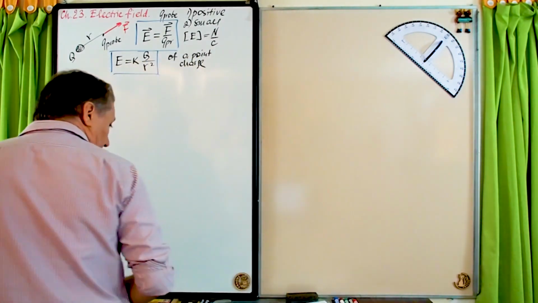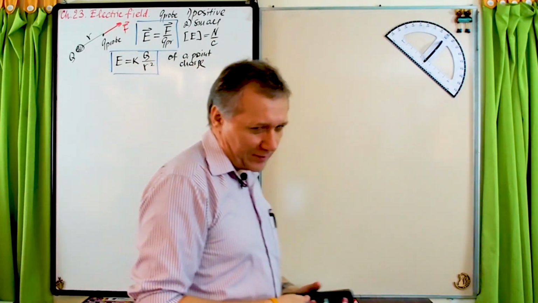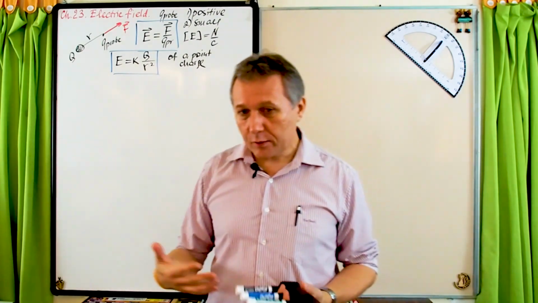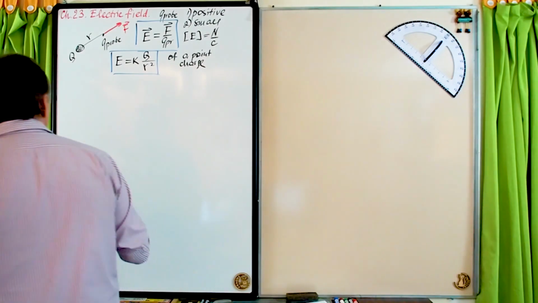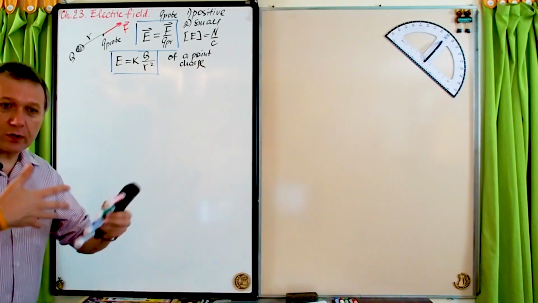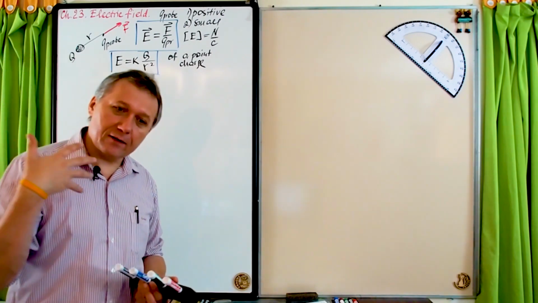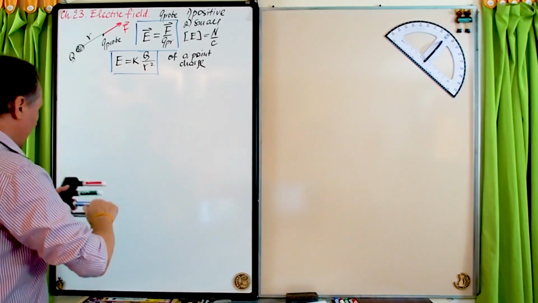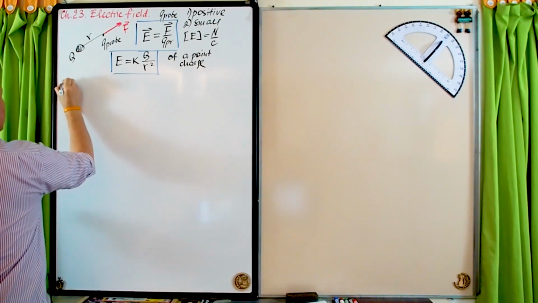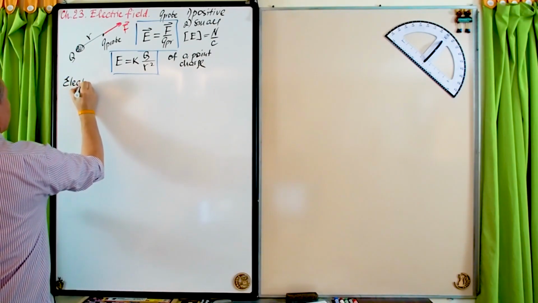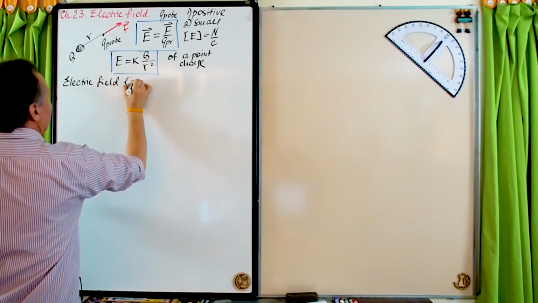Then another thing: the electric field is invisible, and of course, that's very inconvenient. So we usually come up with some tools which can be used to visualize the electric field so that we can draw something. We decided to use what are called the electric field lines. All right, let me write over here, the electric field lines.